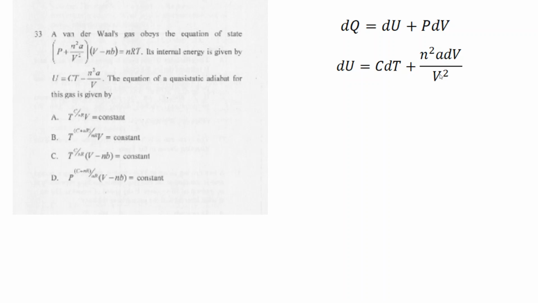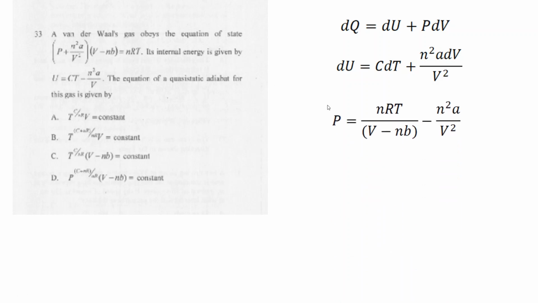Now, the only change here is that in the options everything has been written in terms of T and V. So we have to eliminate P in this equation. For that we will use the Van der Waals equation. We take everything except P from the left hand side to the right hand side.